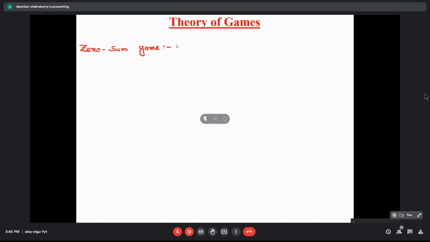So this type of game is called a zero sum game. And when you find that the value of the game is actually zero, then we can say it is a fair game. This type of question may be asked in the MCQ, so that's why I'm informing you about the term. So fair game means what? If the value of the game is zero, then we call the game a fair game.